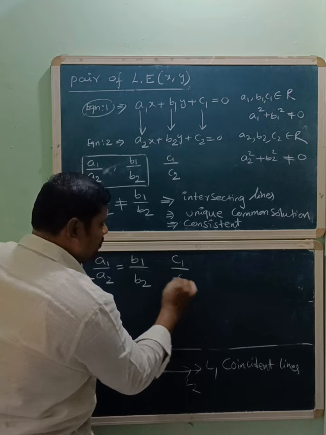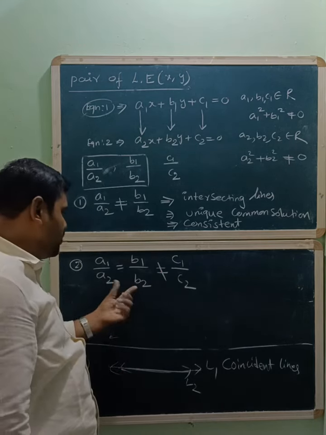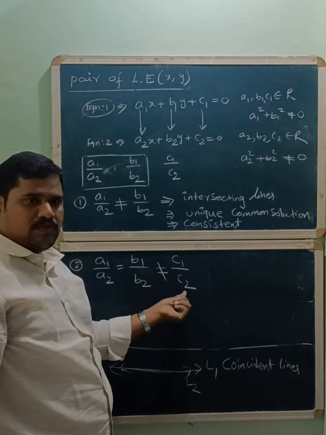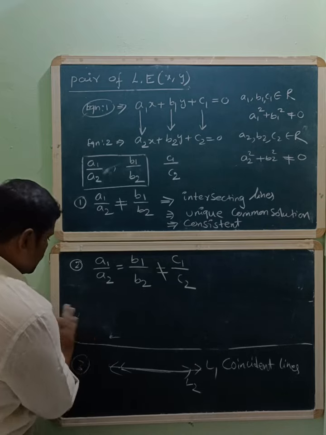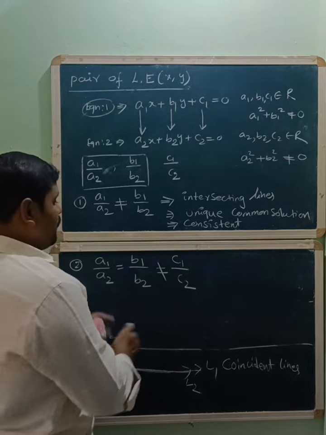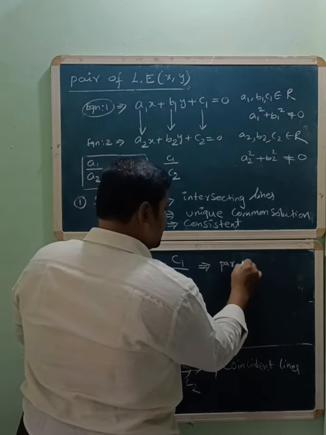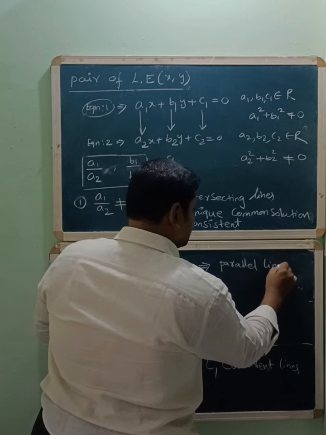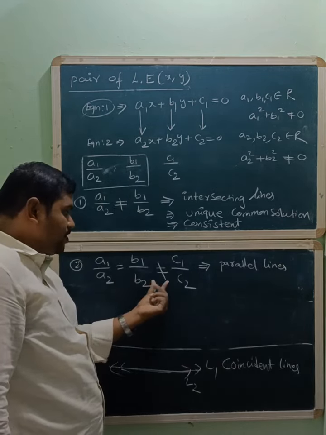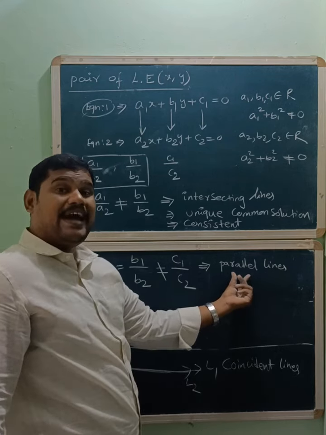Suppose c1 by c2 is not equal to them, that is, these two ratios are equal but not equal to c1 by c2. Then these lines are parallel lines. a1 by a2 is equal to b1 by b2 is not equal to c1 by c2, then we can say that the lines are parallel lines.